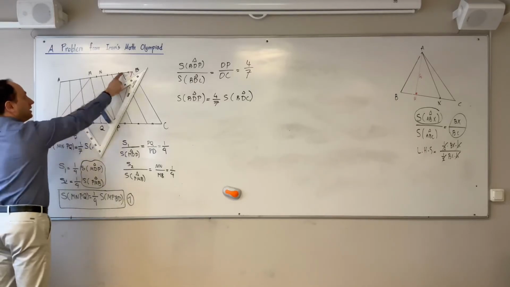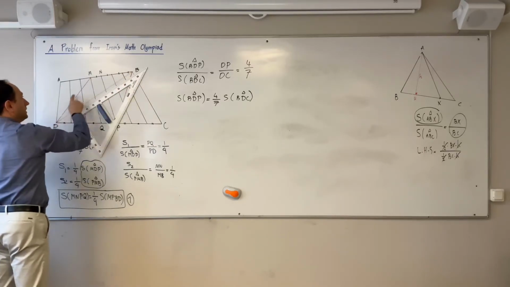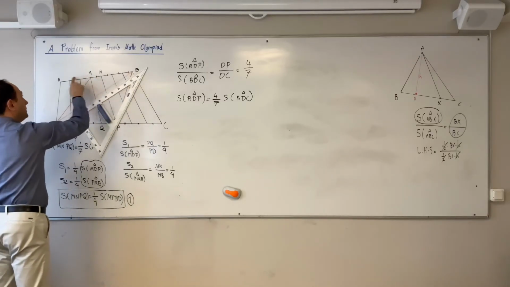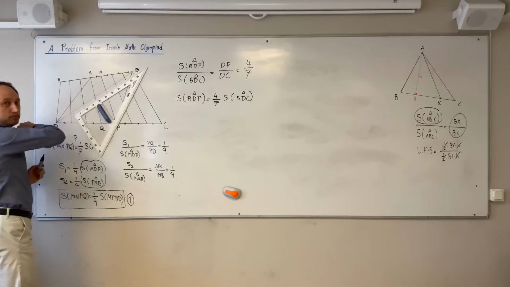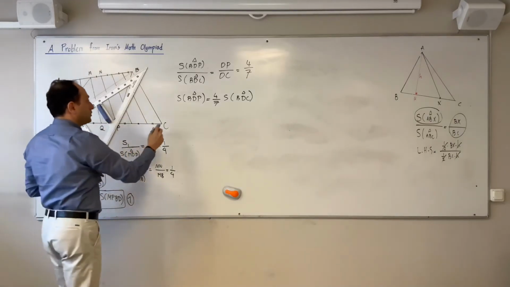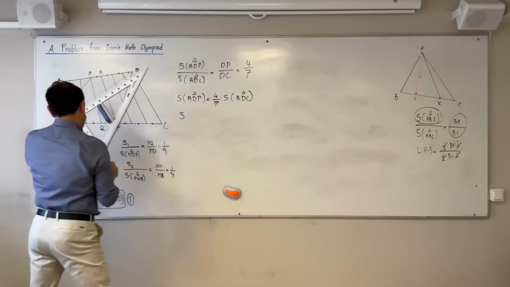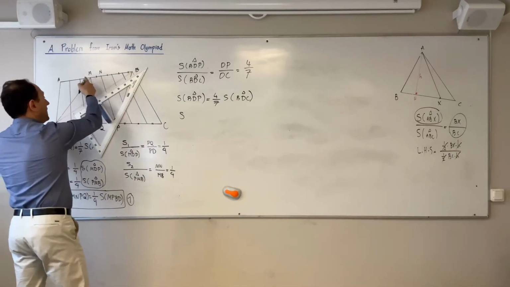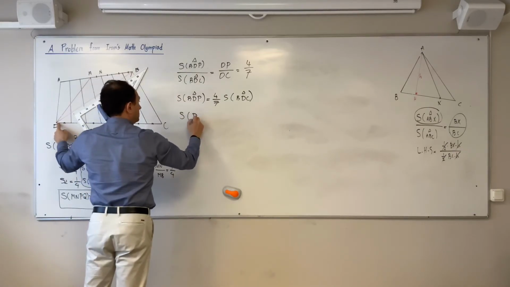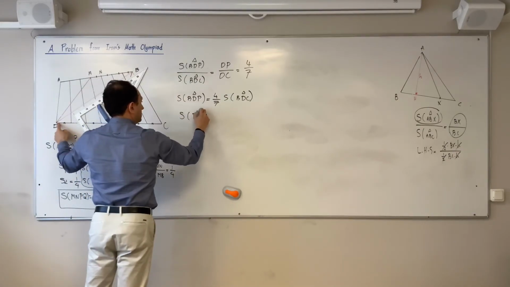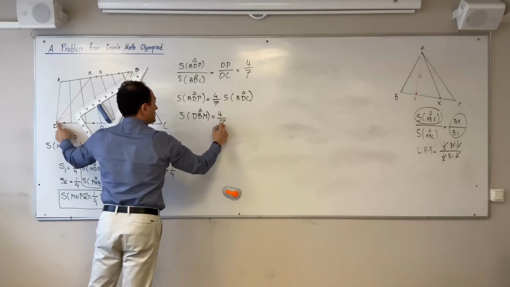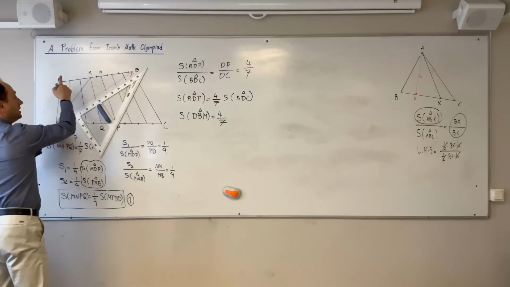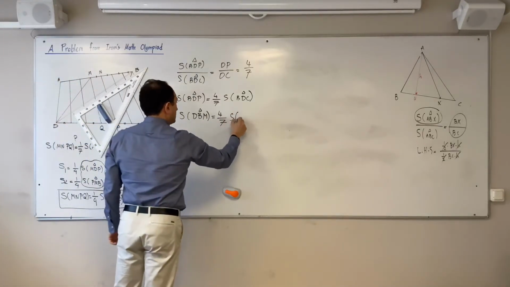Again, the base of the narrow one is 4 of these, and the base of the bigger one is 7 of them. So again, the same story. This means that the surface area of dBM is also 4/7 times the area of dBA.